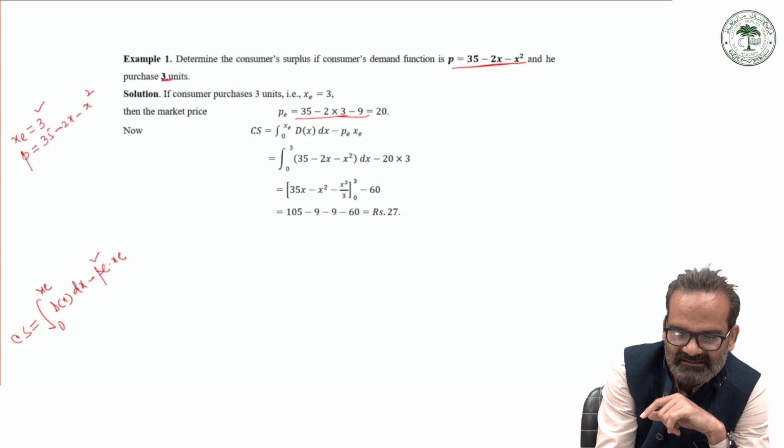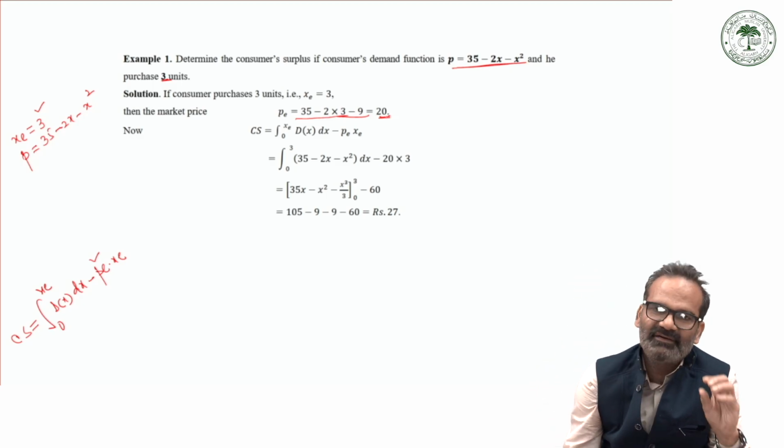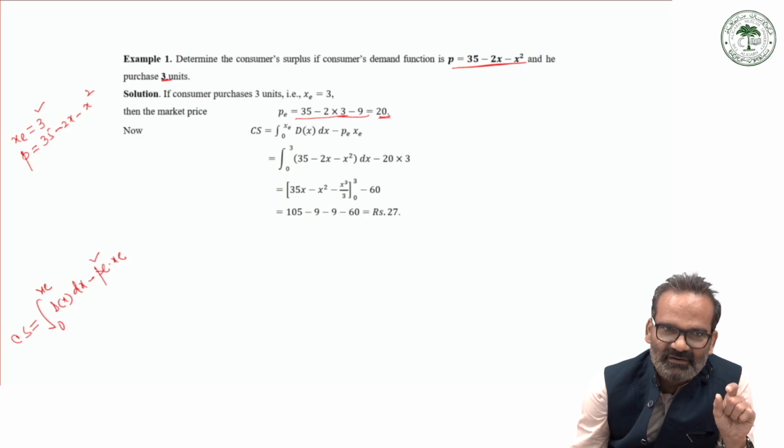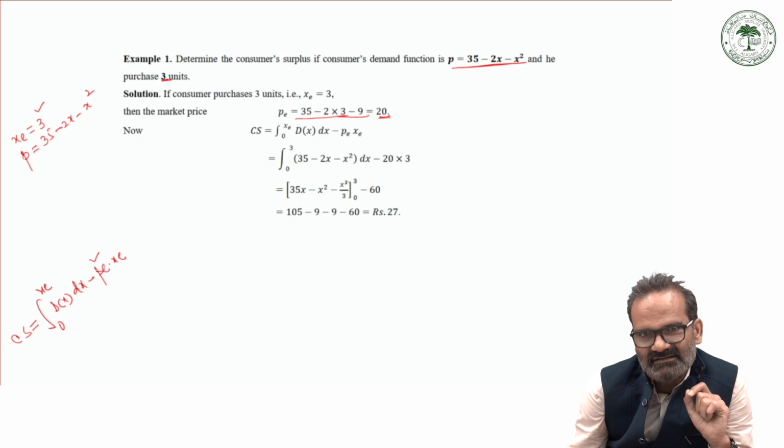PE is 35 minus 2 into 3 minus 3 square, simplify it, you will get rupees 20. So what does it mean? It simply refers that if 3 units are purchased by the consumer, then its market price is fixed at rupees 20.